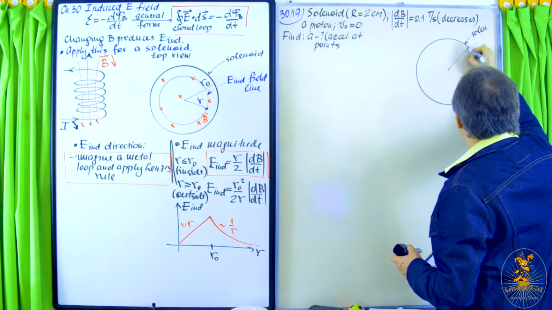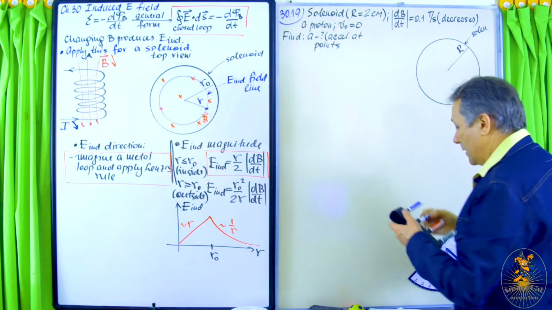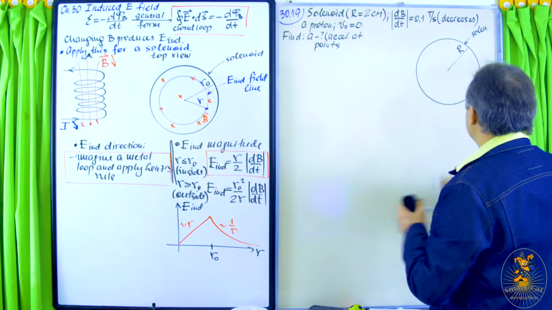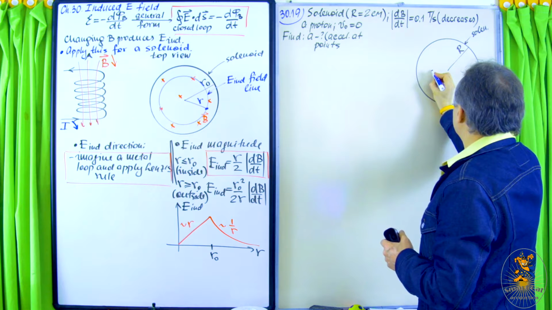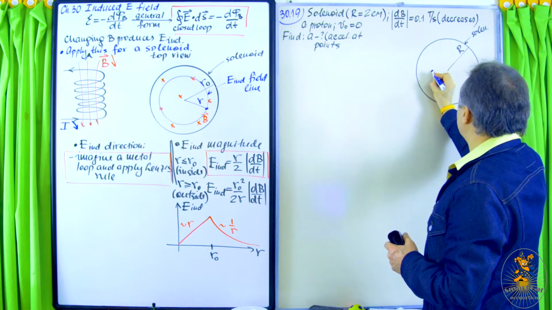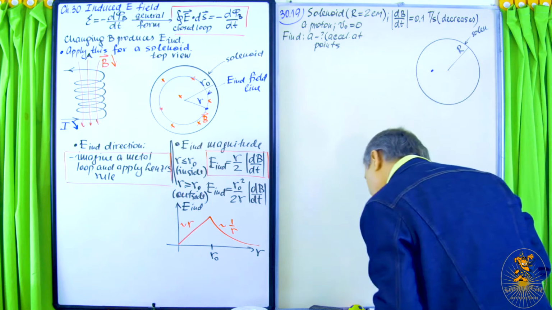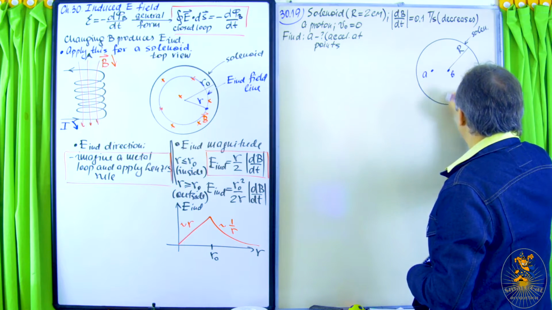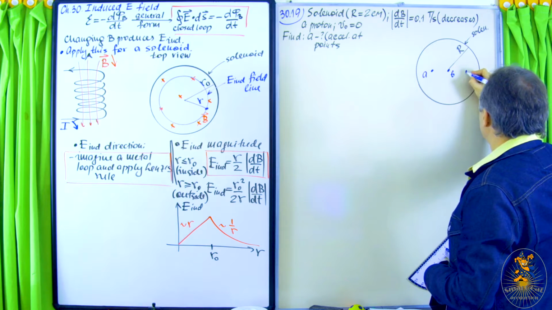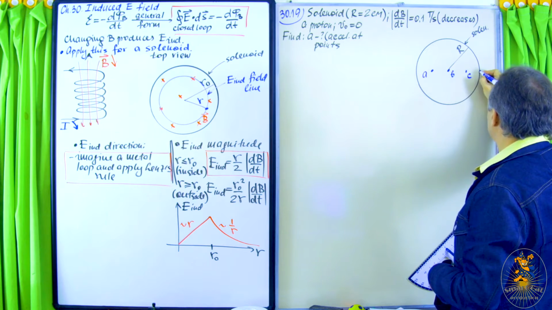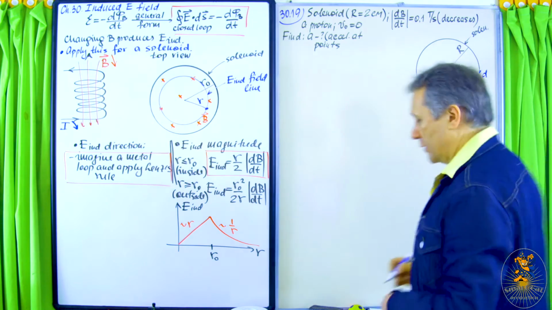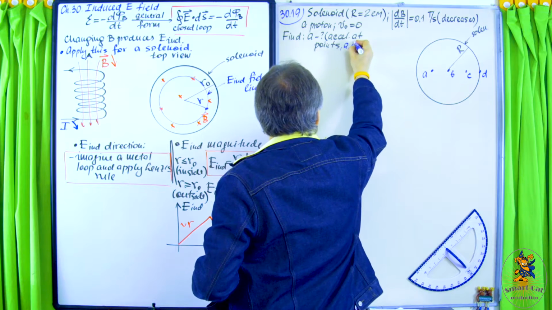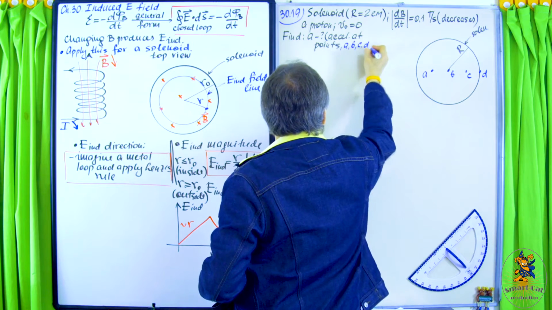Of course, this is R. And points where a proton is going to be released. Okay, midway between the center and the edge over here, this will be point A. Then the center, point B. Then midway again, point C. And on the edge, point D. So these 4 points: A, B, C, D.